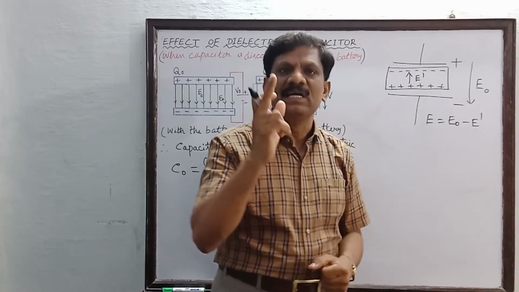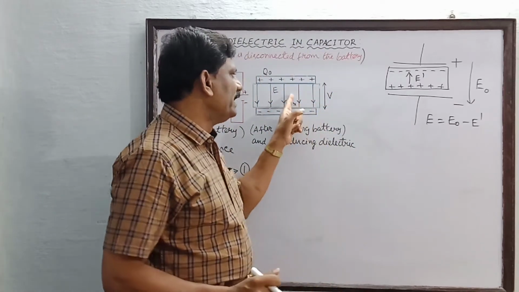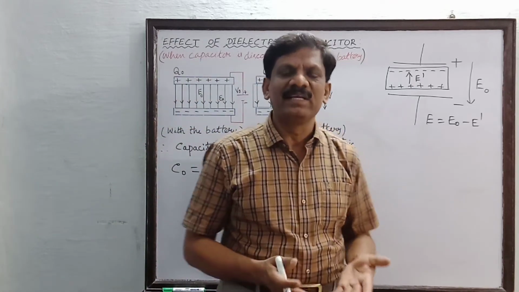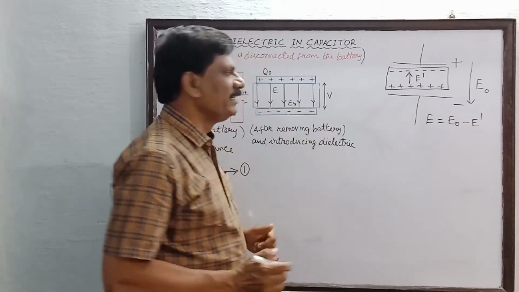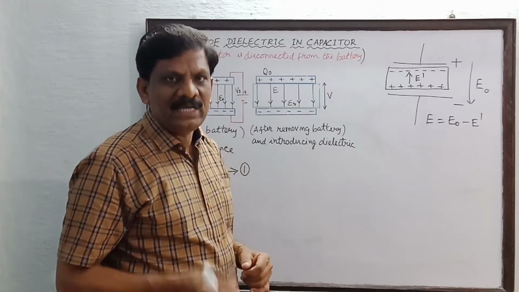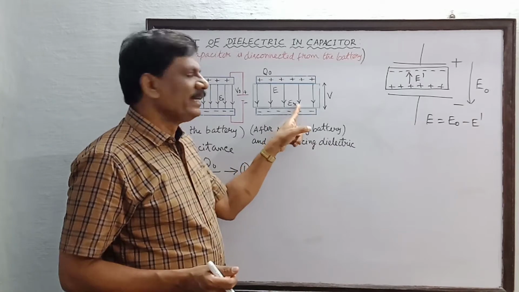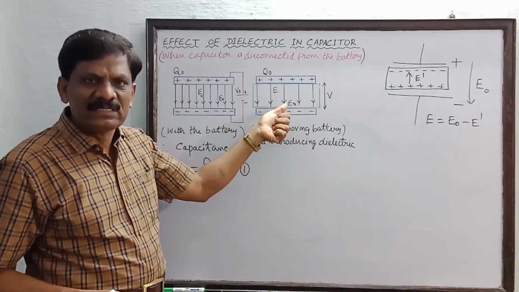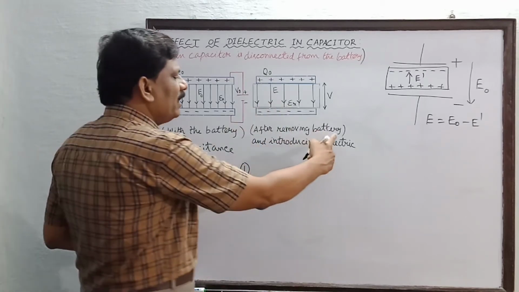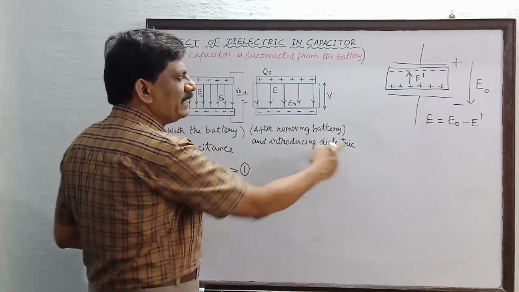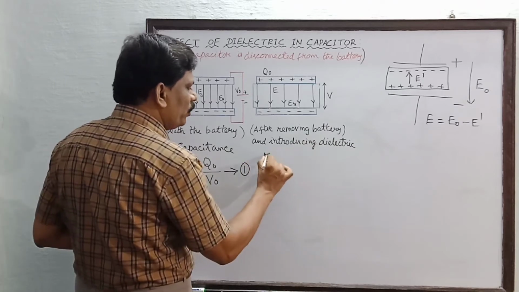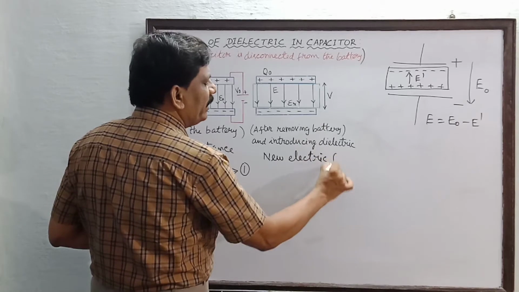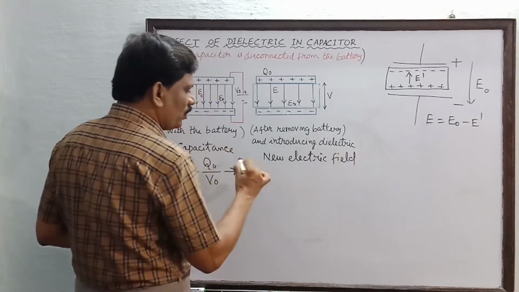What happens to the electric field when we introduce a dielectric? It gets decreased, is it not? The electric field decreases. How much it will decrease depends upon the dielectric constant epsilon r of the dielectric. So after removing the battery and introducing the dielectric, the new electric field will be lesser than the original electric field.